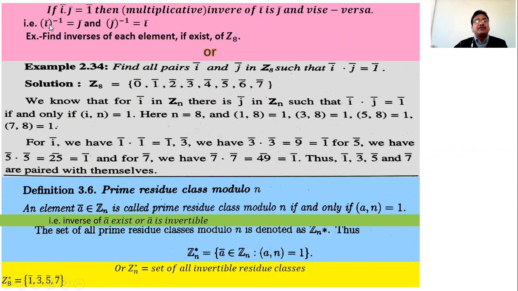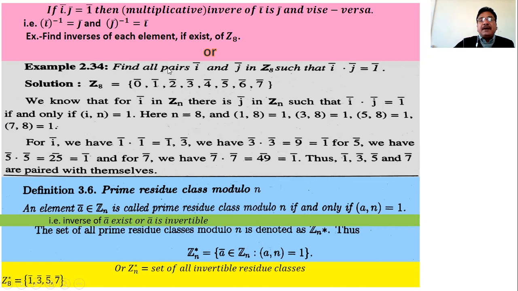It means the multiplicative inverse of I bar is J bar and the multiplicative inverse of J bar is I bar. So when I bar into J bar is 1 bar, we say I bar and J bar are multiplicative inverses of each other.